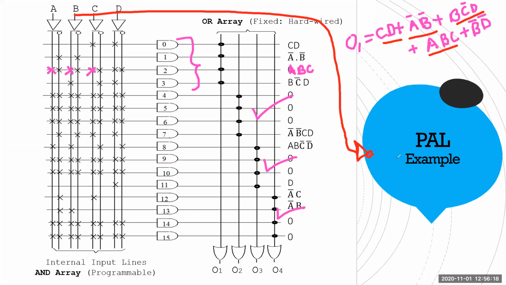Take a NOT gate. That means this is an external NOT gate. This is not part of the PAL. External NOT gate. Then bring the D. Then you have an AND gate, right? Take an AND gate.